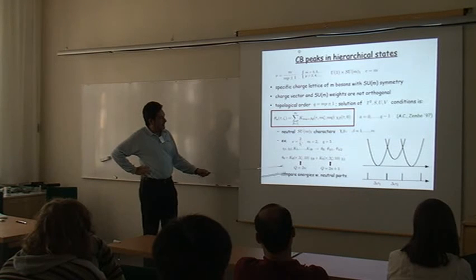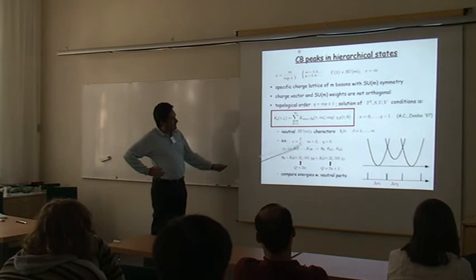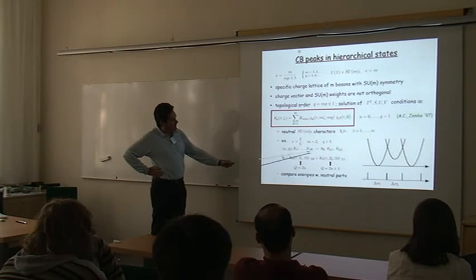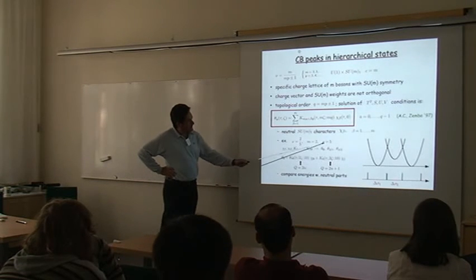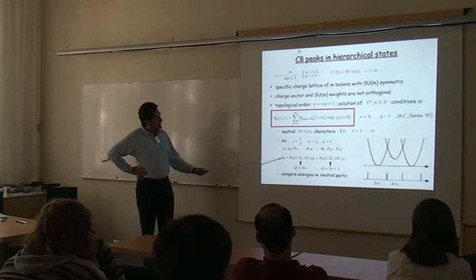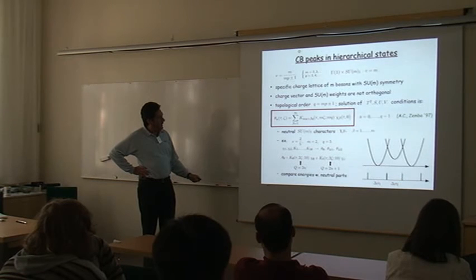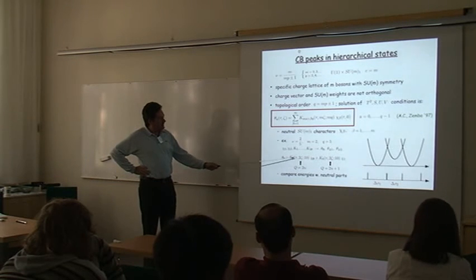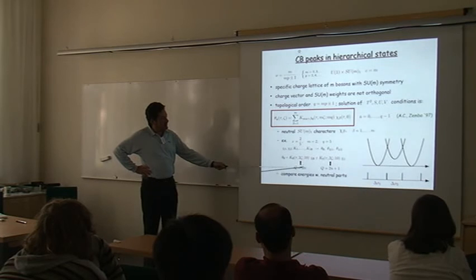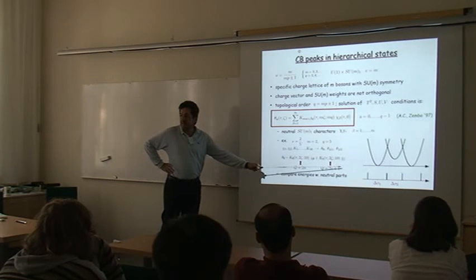You get five values, because the denominator is 5. For example, the ground state is theta 0, which has a 0 fractional charge. Then you look inside this formula, and you see that these are some charges with an integer number of electrons, and this is an odd number of electrons.